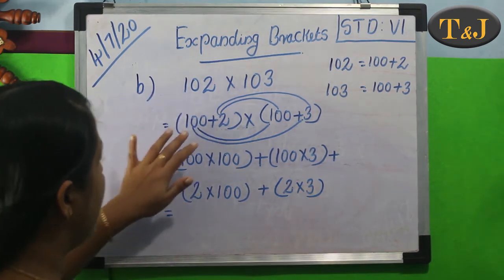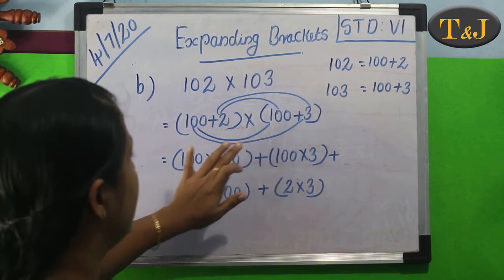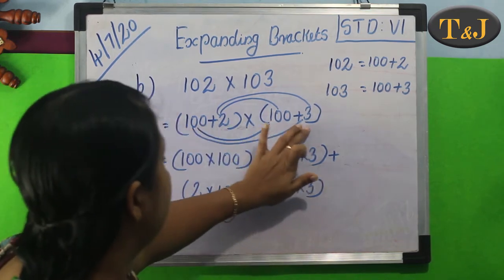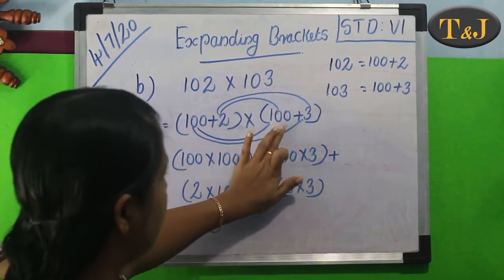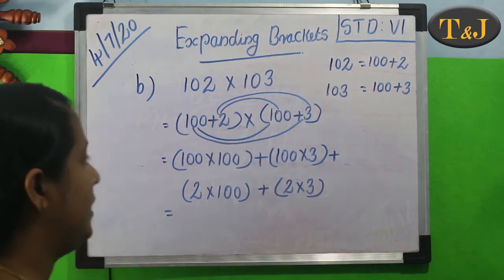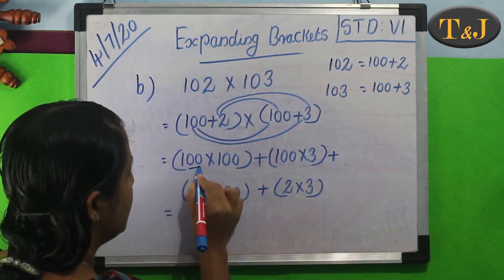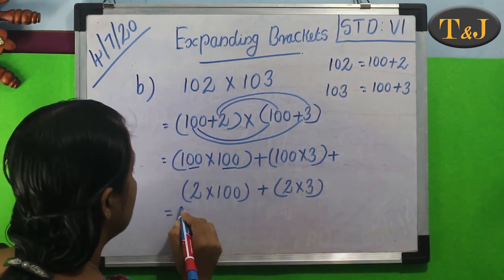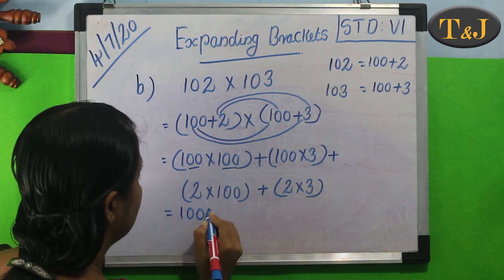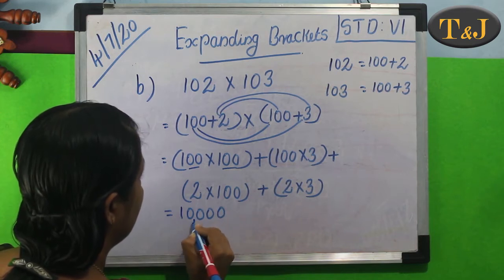First we multiply 100 and 100, second 100 and 3, third 2 and 100, last 2 and 3. Then 100 multiply 100, how many zeros? Here 2 zeros and here also 2 zeros, so we want 4 zeros. Then plus.